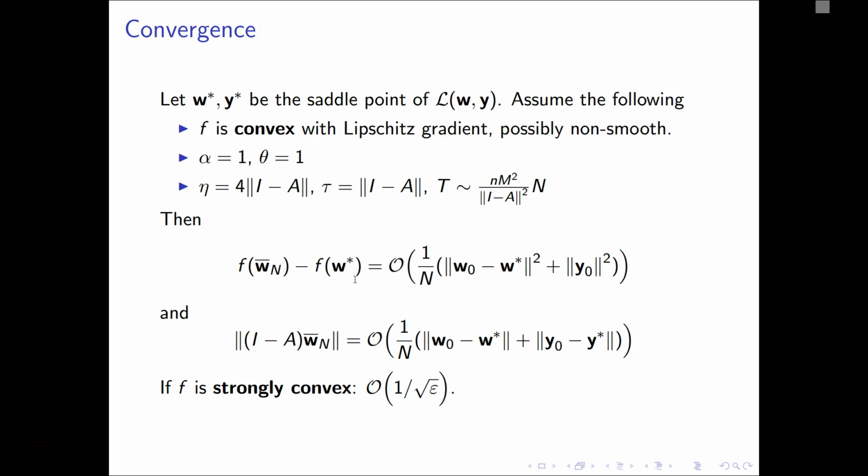You're not saving more communications, and the convergence result is the same. That's the 1 over epsilon. However, if f is strongly convex, Professor Lan also provides theoretical results that you can do it in 1 over square root epsilon. And another time, if we eliminate the averaging step, we can get linear convergence. That's log of 1 over epsilon.